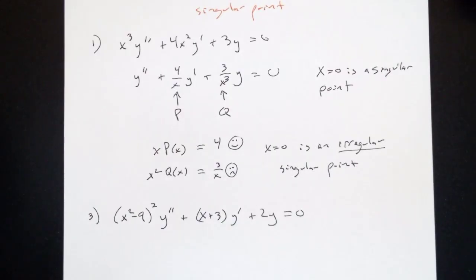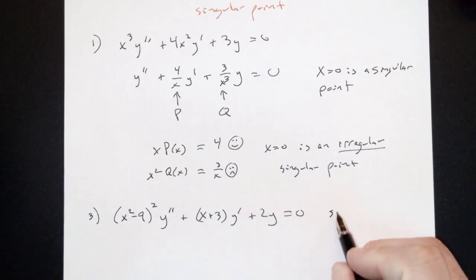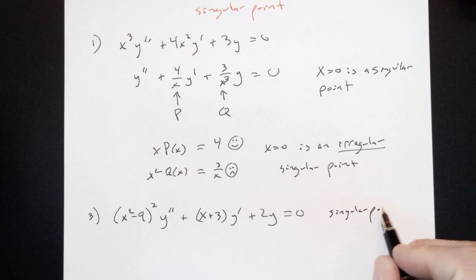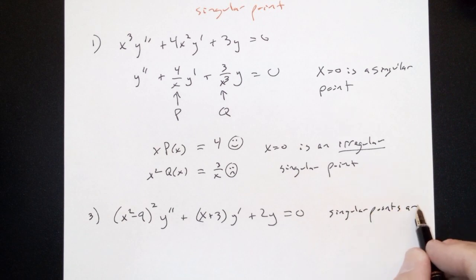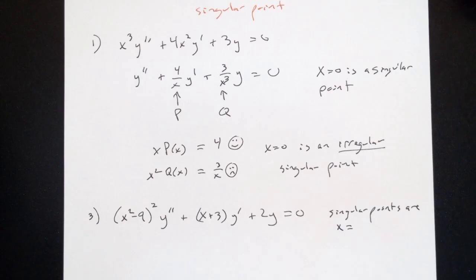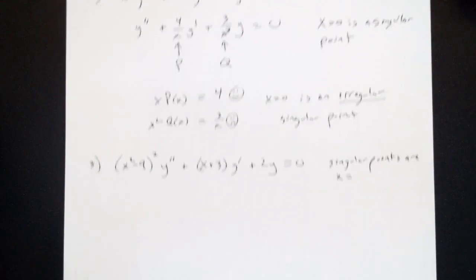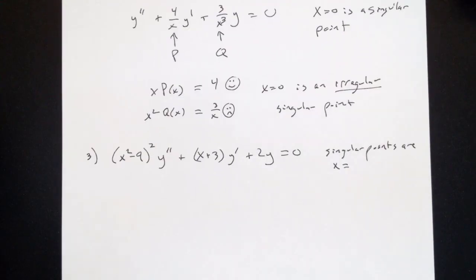Same starting question. What are my singular points? Exactly, because that's where this is 0.